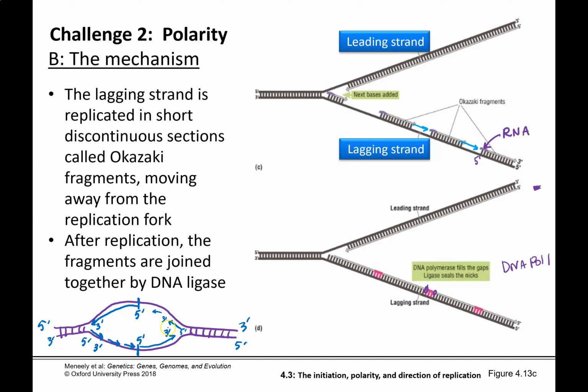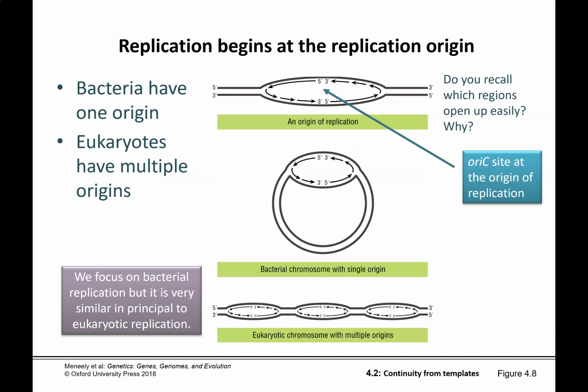But you can see this is sort of indicated if you go back a couple of slides to our original slide showing the replication bubble. You can see what's happening, and actually I'll go ahead and do that for you. So here's our replication bubble that I was talking about. We've got our origin here, and we'll move in a 5' to 3' direction there.